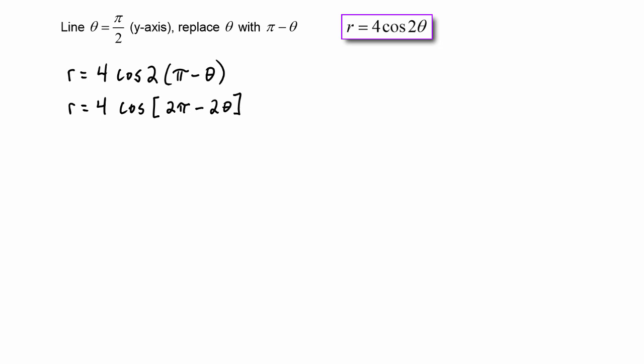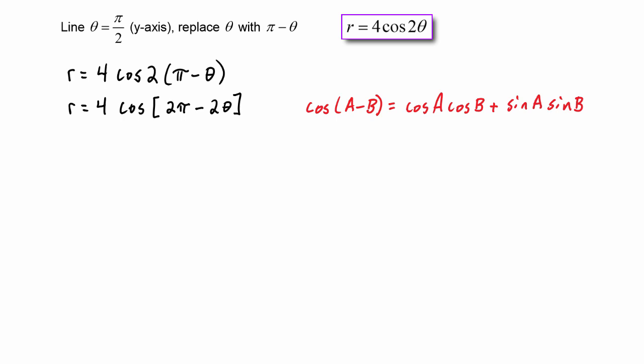Now we can apply the difference identity for cosine, which we know is cosine of a minus b is equal to cosine a cosine b plus sine of a sine of b.